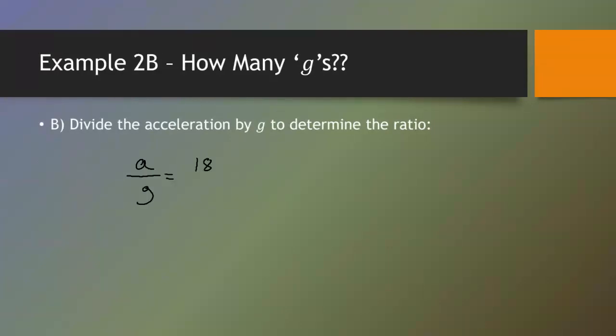So 18.231 meters per second squared divided by 9.8 meters per second squared. And we get 1.86 Gs. And so the pilot's going to experience 1.86 times the acceleration due to gravity on Earth.